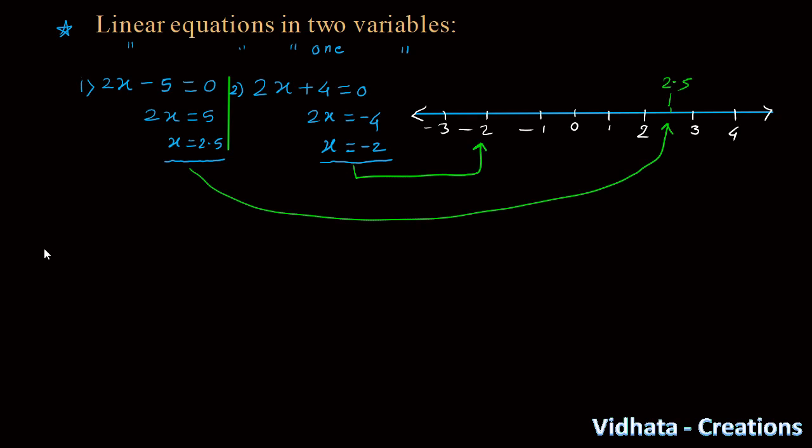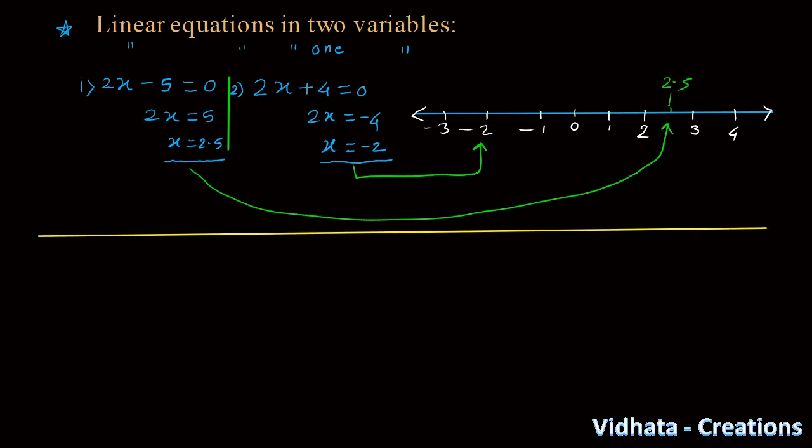So on a number line, we can represent the solution of a linear equation in one variable. Now in this chapter, we are going to study the linear equation in two variables.